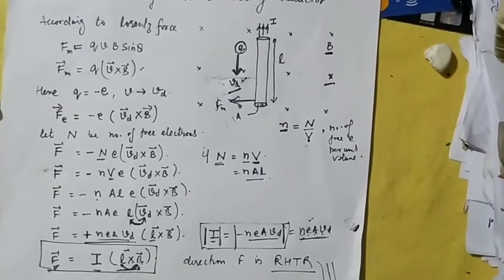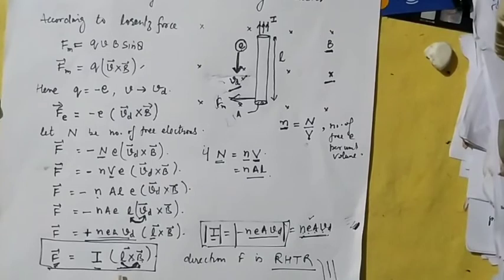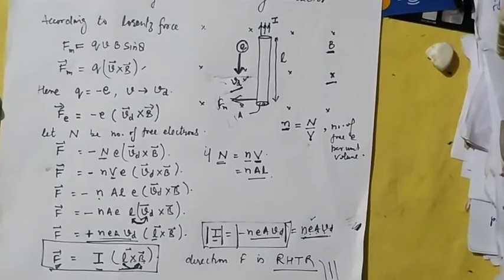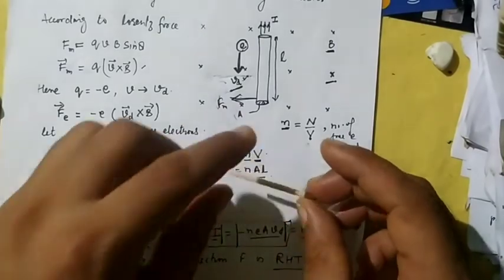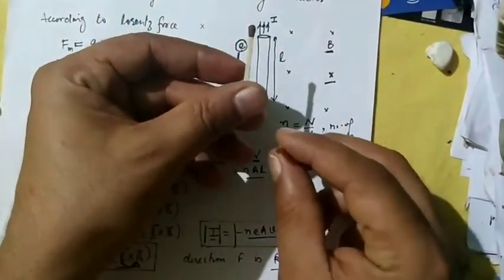The direction of magnetic force is given by the right hand thumb rule or Fleming's left hand rule, either one of them. Preferably I am using the right hand thumb rule here. It says that if you rotate the fingers from length to the magnetic field, then the thumb will represent the direction of force. From this diagram, the length is along the direction of current, that is along this direction, and the magnetic field is downward.